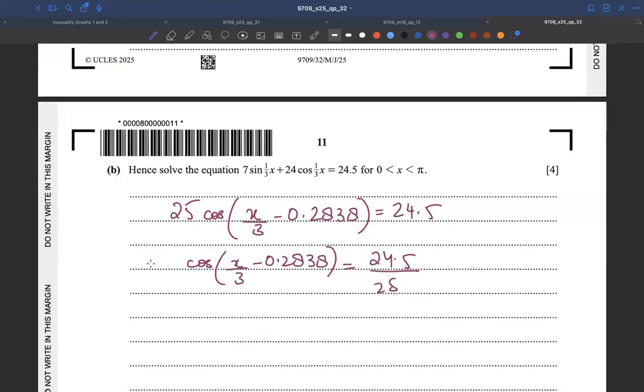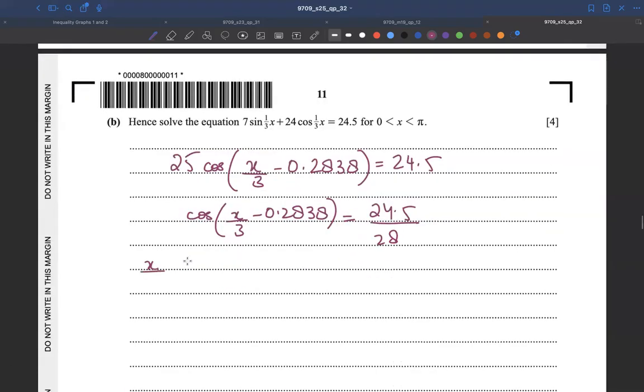And then x upon 3 minus 0.2838 would be equal to, so this is not 28, this has to be 25. So that would be cos inverse of 24.5 divided by 25. Now substituting this into our calculator, shift cos inverse of 24.5 divided by 25 would be equal to 0.200.